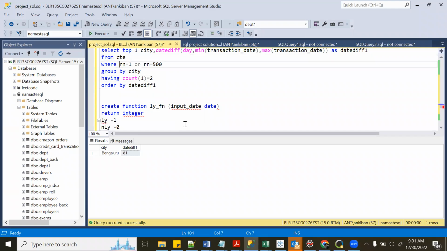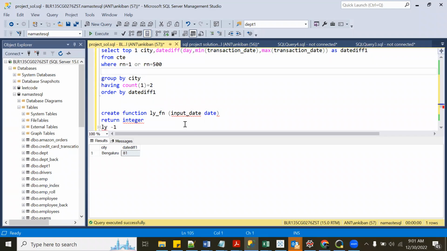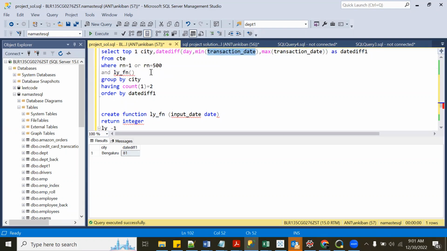And then you can put a WHERE condition, where you use this function and pass the transaction date, equal to 0. So if it is falling in a leap year, it will not come.